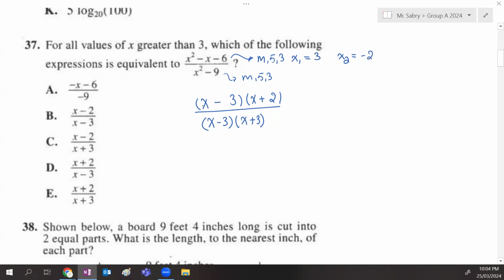When we put them back in brackets, we put them as x minus 3 and x plus 2. You'll cross out the common things and you'll be left with x plus 2 over x plus 3, which is option C. Sorry, not C, D. No, not even that, it's E. Plus 2 over plus 3. Does that make sense? So we factorize and cross out the common things.